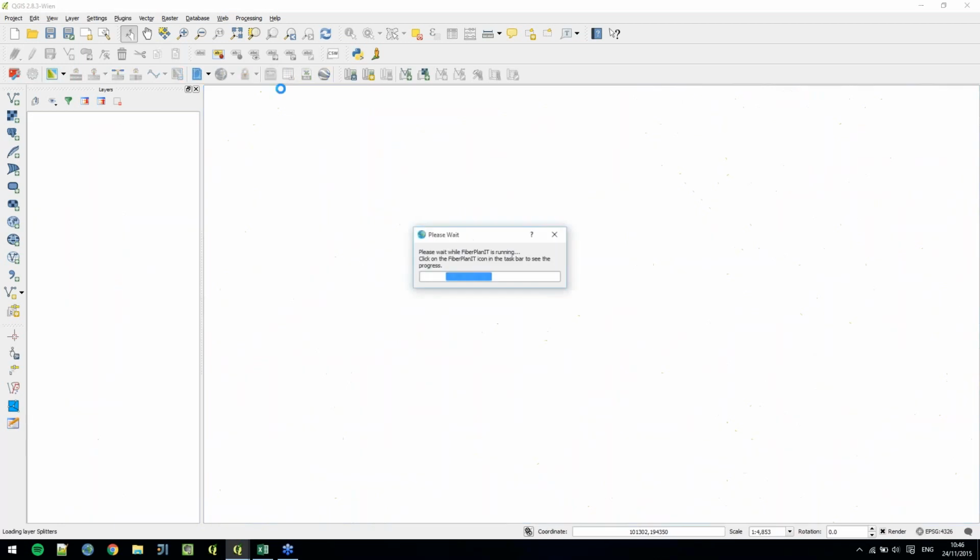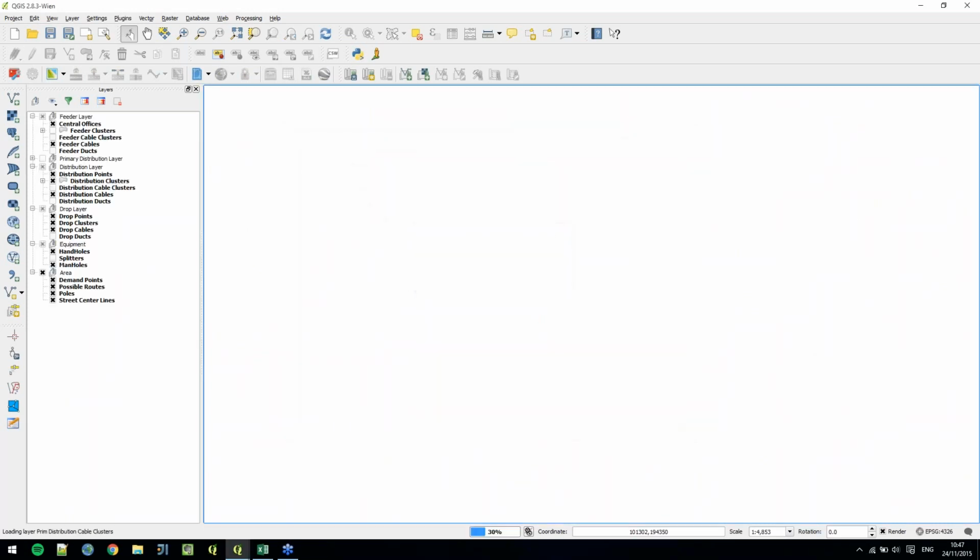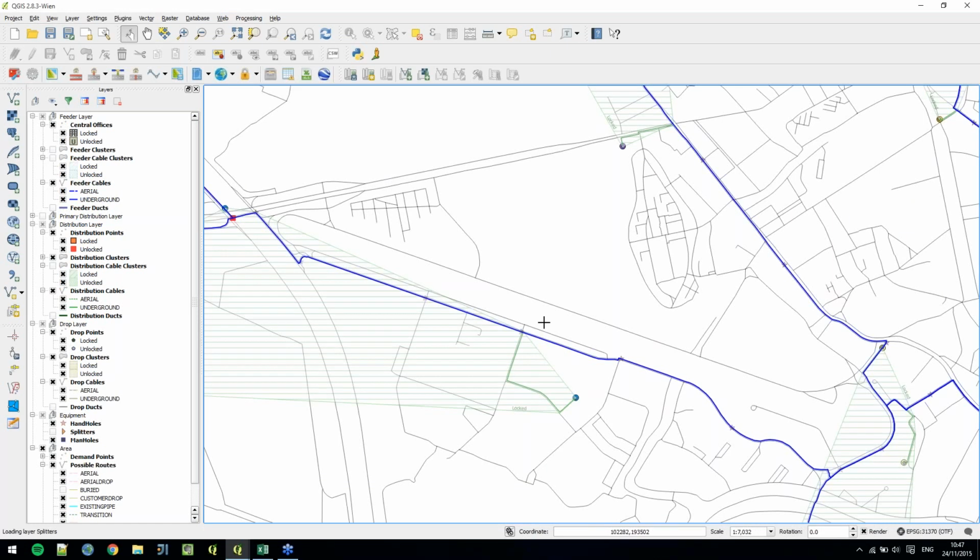Now, if we have a look at a scenario where this existing ducts could not be used, then the software will need to reroute the cables to find a more economic route, because the existing ducts in general have a lower cost of reusing it compared to trenching.